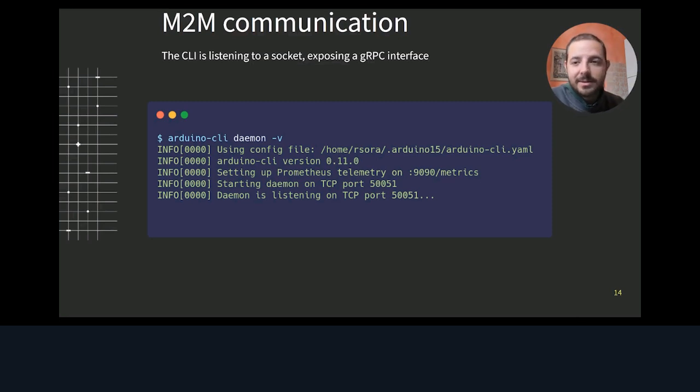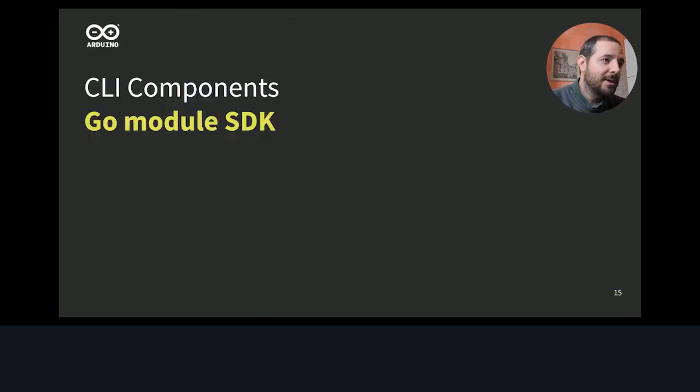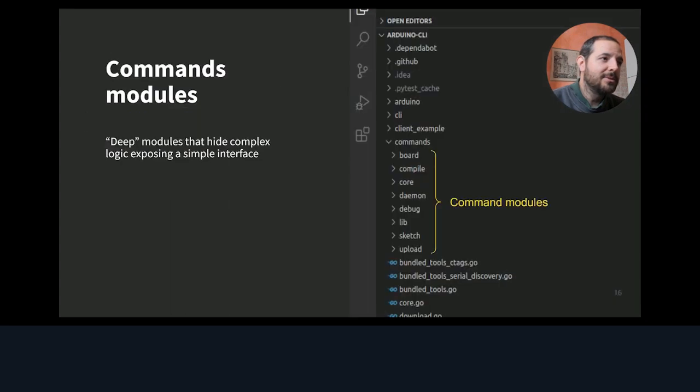So there is this socket listening on the target machine, and in that case you can have any kind of gRPC client communicating with the CLI. Why is this useful? Because you can basically connect to it by using an interface, but we also went a bit further, and we created different modules for each of the commands that are then reachable from the command line.